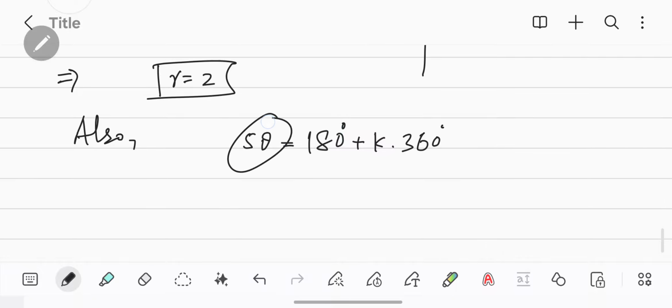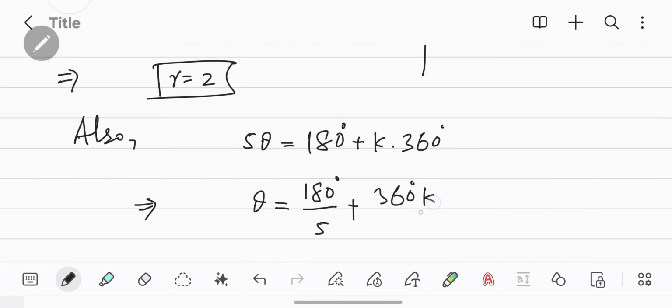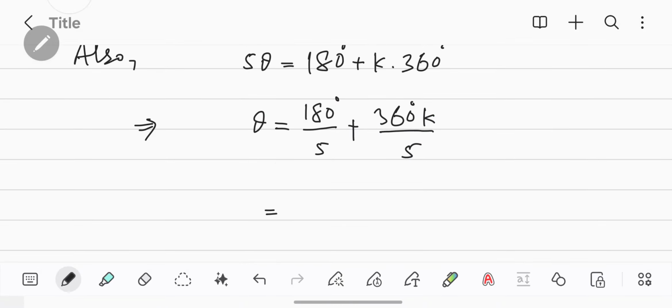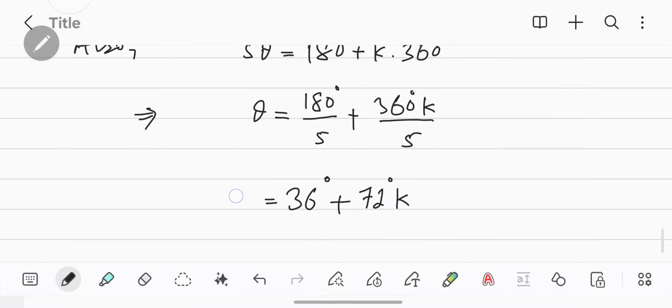Okay. Now you can find theta by dividing by 5 on both sides. You get theta equals 180 divided by 5 plus 360 degrees times k divided by 5. If you calculate this, you will get 36 degrees plus 72 degrees times k.